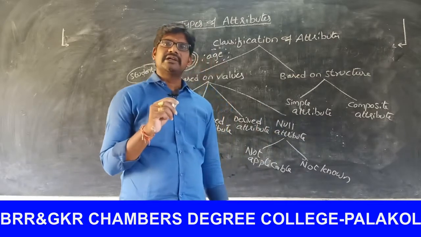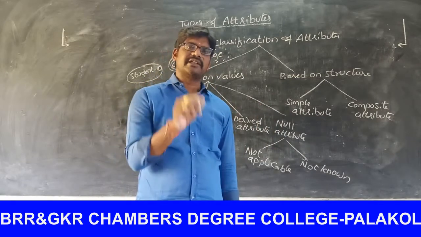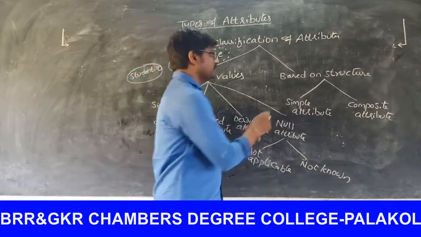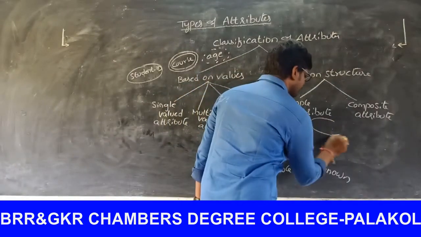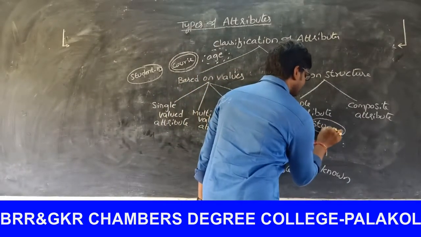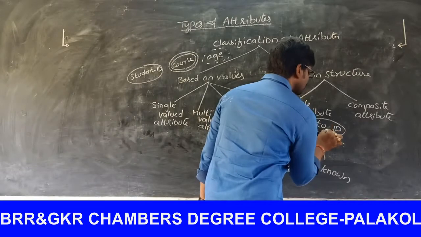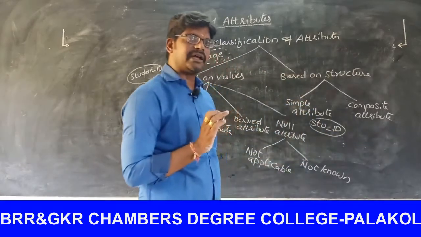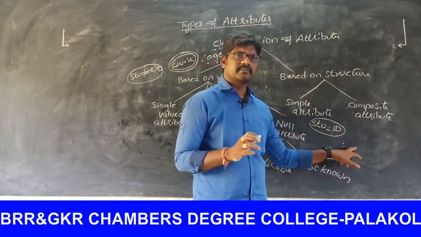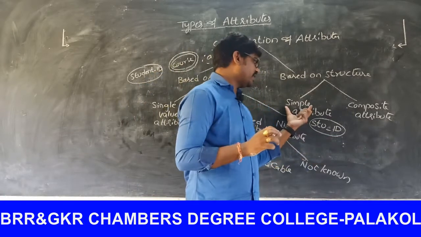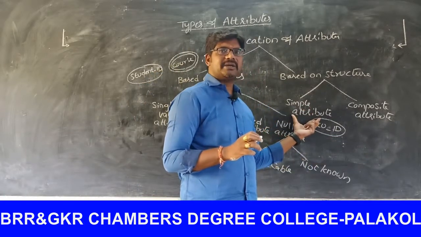For example, student ID. The student ID cannot be broken into two parts, so we call it a simple attribute.